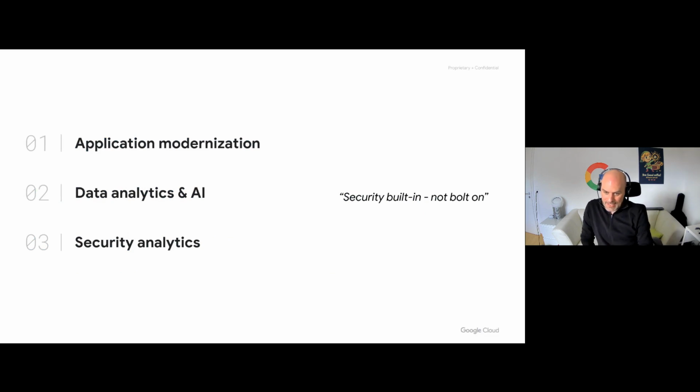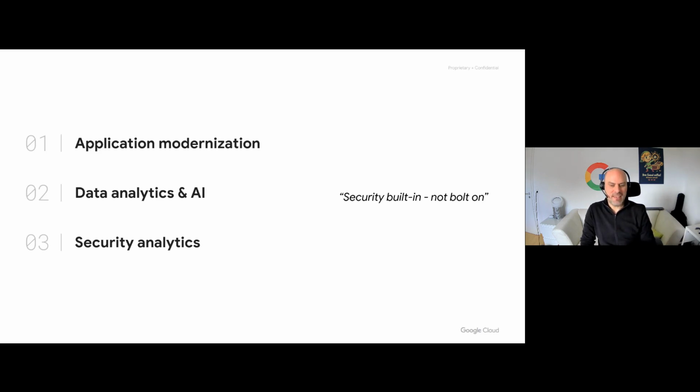So these three are addressing different aspects, different angles of use cases, and with that, different security aspects. The first part would be the application modernization approach that we have. I will explain what I mean by that.